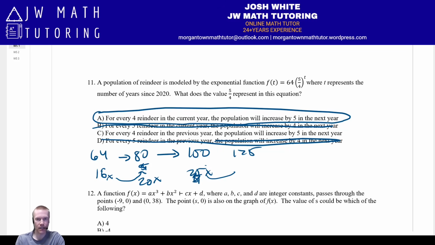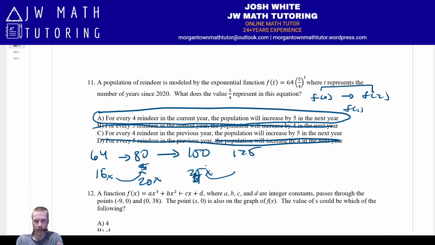But the problem with C is that it's going back 1 year and then looking ahead 1 year. It's like comparing the f of 0 value to the f of 2 value. Say we're in year 1: f of 0 is the previous year, f of 2 is the next year.